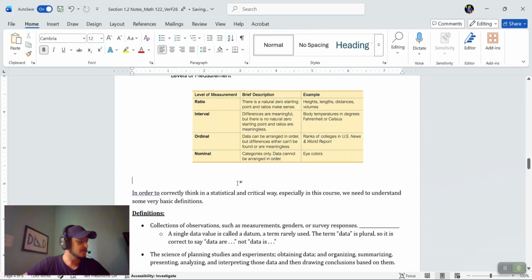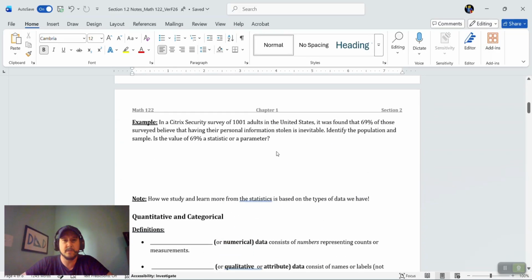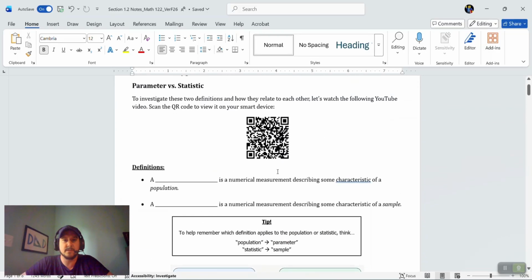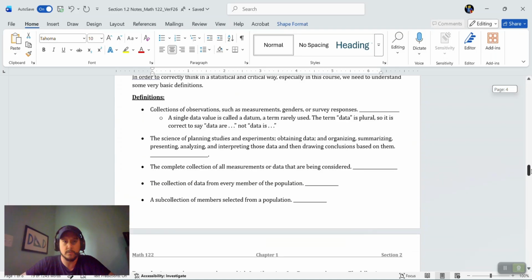They do offer a tip. So I'll make another call out box for this tip, just for emphasis. Ooh, went too far.